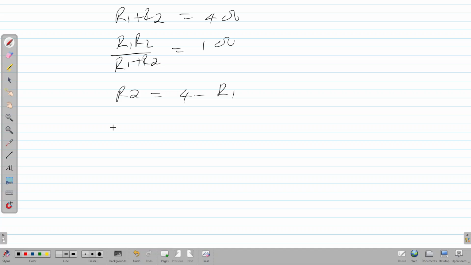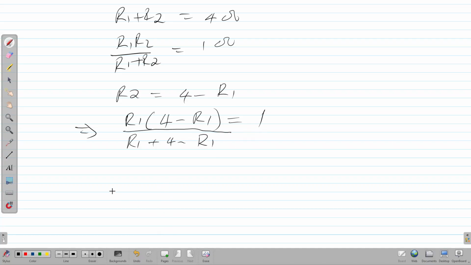I'm going to drop the units. So if I substitute, we have R1 times (4 minus R1) over R1 plus 4 minus R1 is equal to 1.